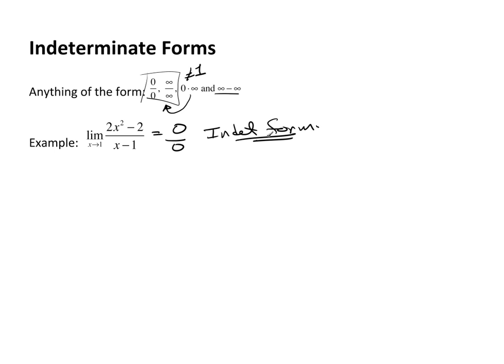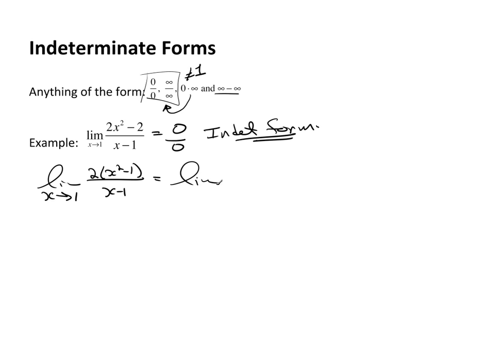So what we do now is try to take the limit using some other techniques. I would take the limit as x goes to 1. If I factor out this 2, I get 2 times x squared minus 1 over x minus 1.